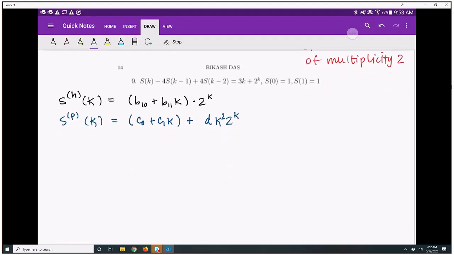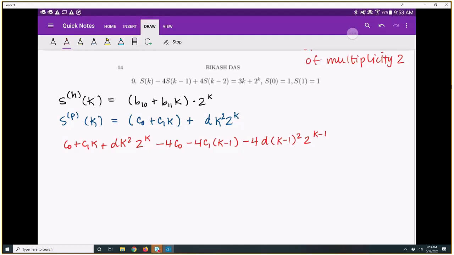And just like in the last example, the next step will be to substitute this into the relation. So I'm going to replace s of k by c sub 0 plus c1k plus d k squared 2 to the power k. And then I'm going to replace minus 4 s of k minus 1 by minus 4 c0 minus 4 c1 times k minus 1 minus 4 d times k minus 1 squared times 2 to the k minus 1.